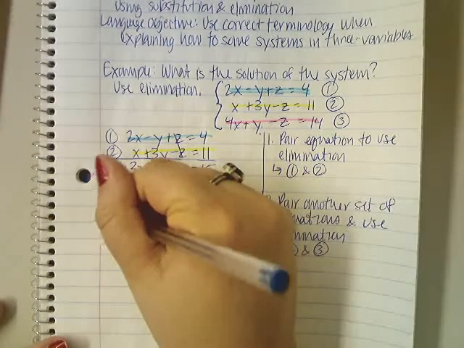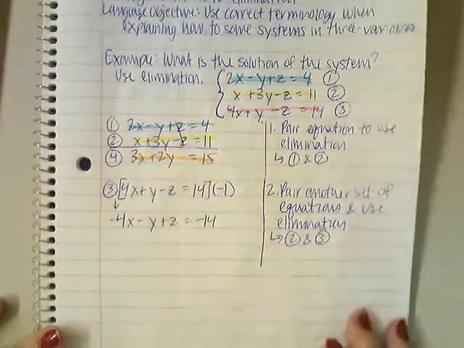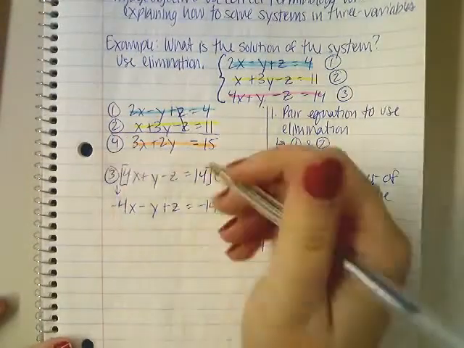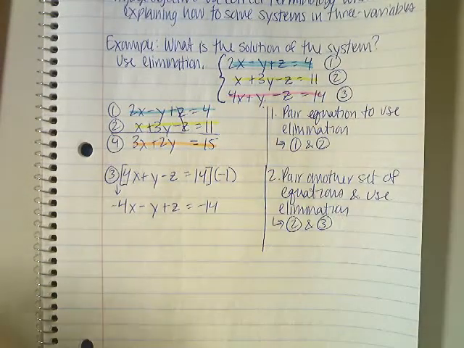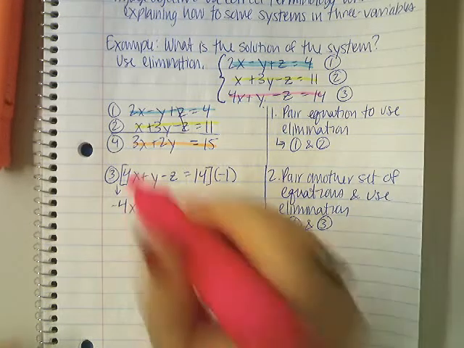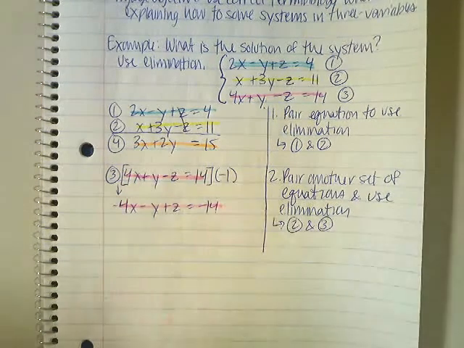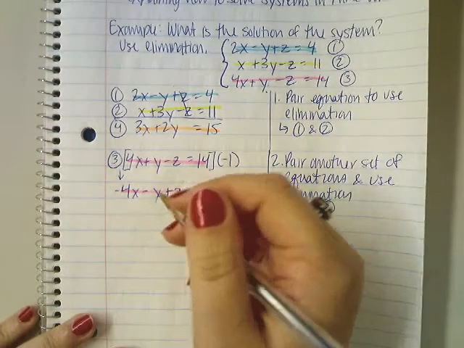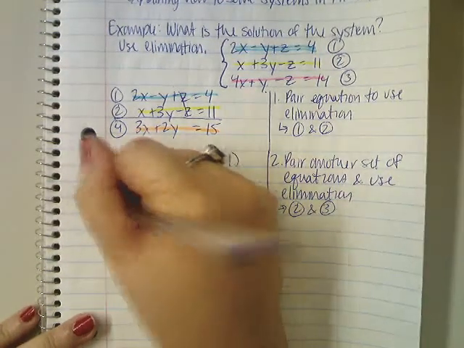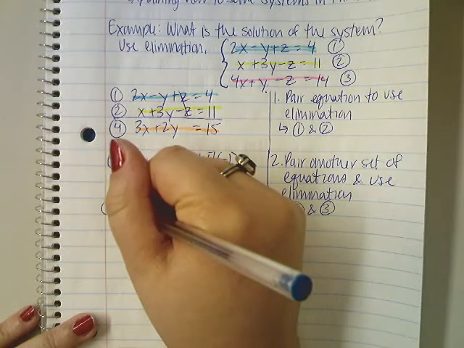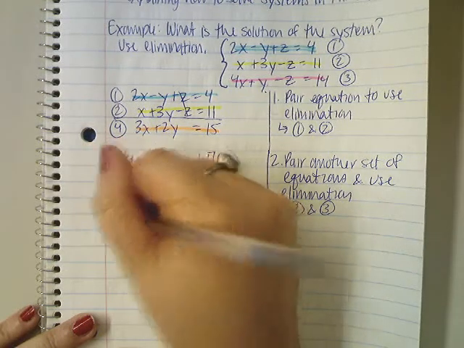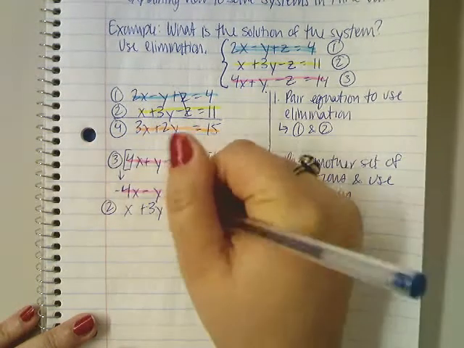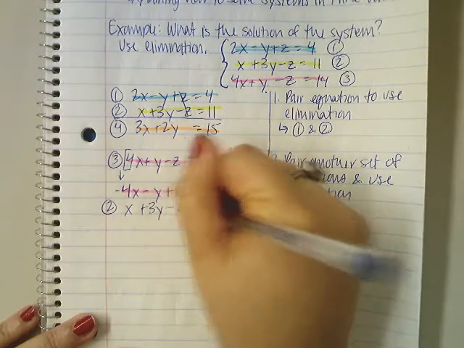I just multiplied that by -1 and rewrote it. Then I'm going to add that to equation 2, which is x plus 3y minus z equals 11.